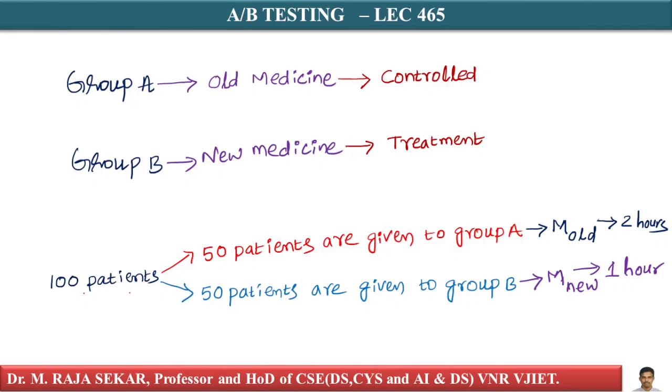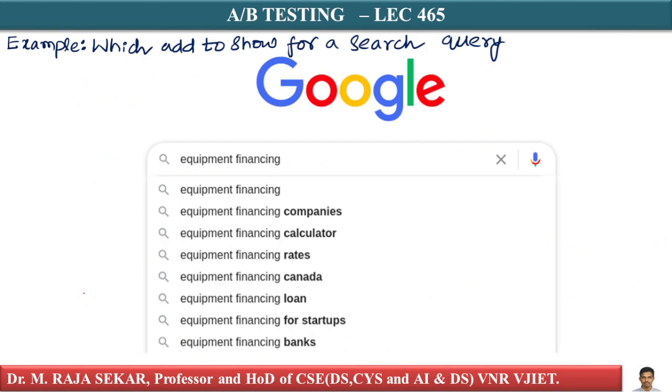Now you will wonder how A/B testing is useful in machine learning. Let me give you an example. Let's assume you are building a model for Google to predict which advertisement to show for a search query.